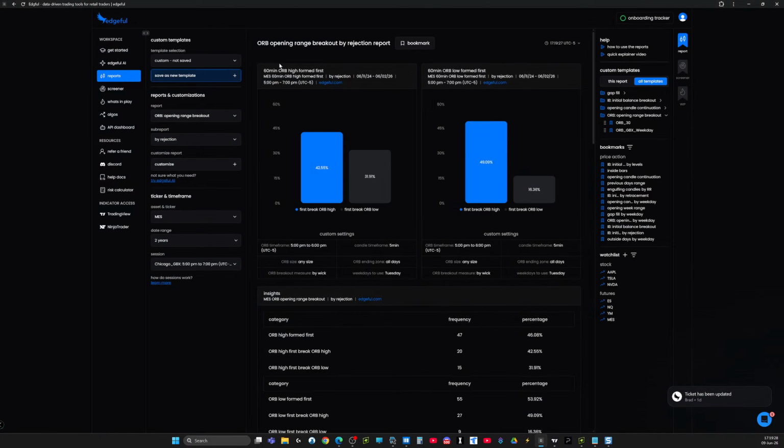So in this case, the opening range low was formed first. The high has been formed second. So for the first break, there's a 49% probability it will break the high first, based on this little thing right here. Tuesday. And to make sure this is all correct, and it is.